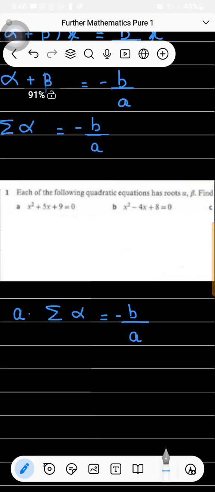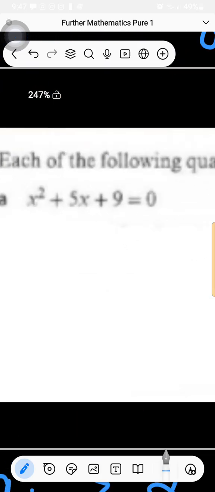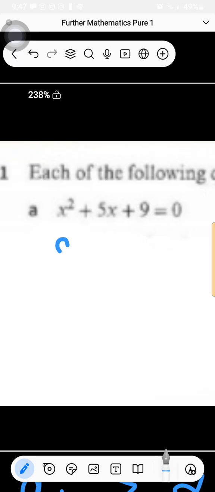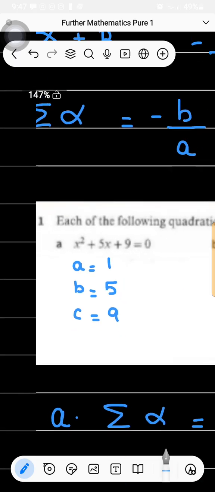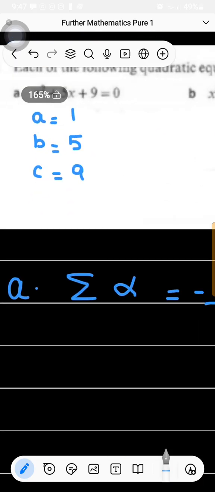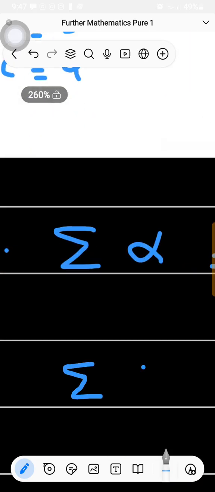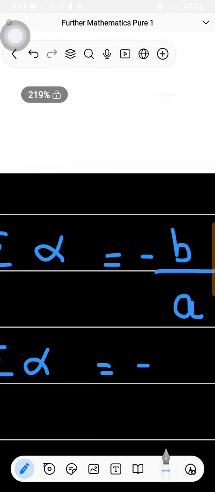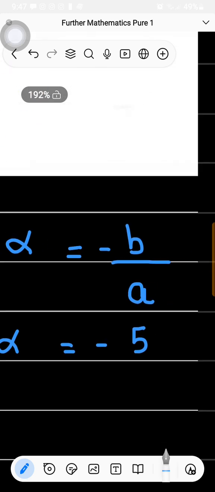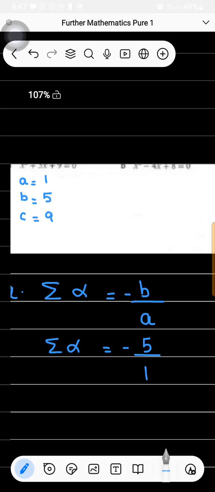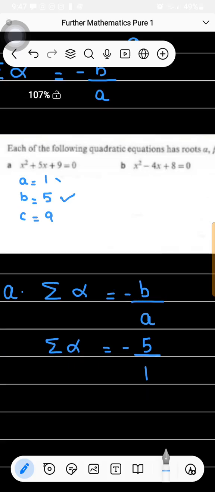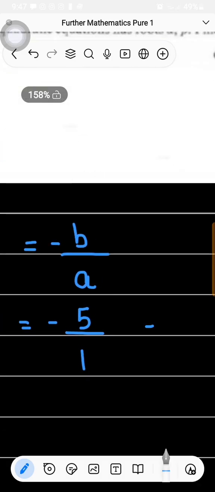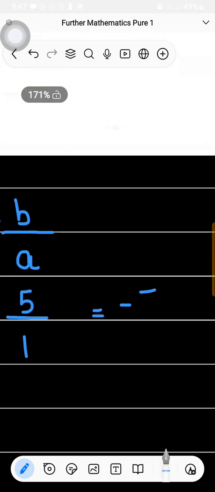So what is b here? If we look at this, a equal to 1, b equal to 5, c equal to 9. So sum of alpha equal to negative 5 upon 1. Okay, b and a. So the final answer is negative 5.